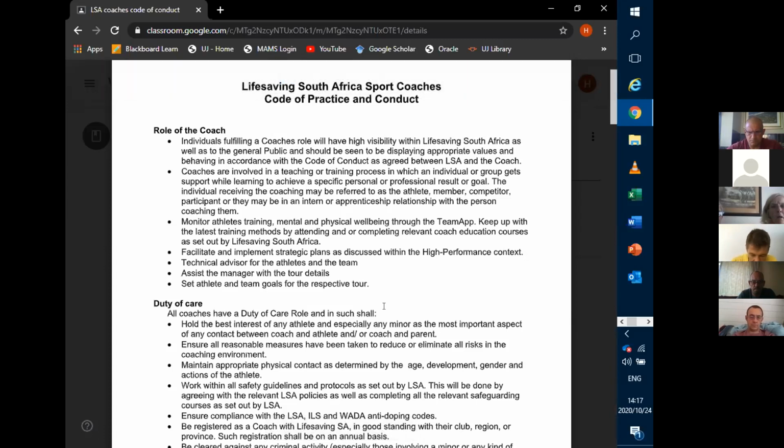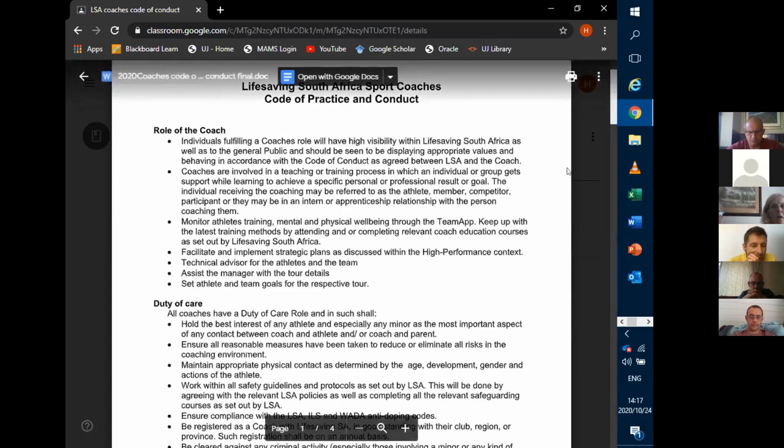You are a technical advisor for the athletes, assist the manager, and set athlete and team goals. Goals are very important for all parties. If there's not a goal, then you are only working and have nothing in your eye to go to.